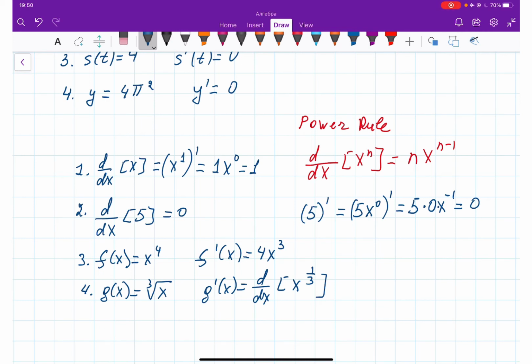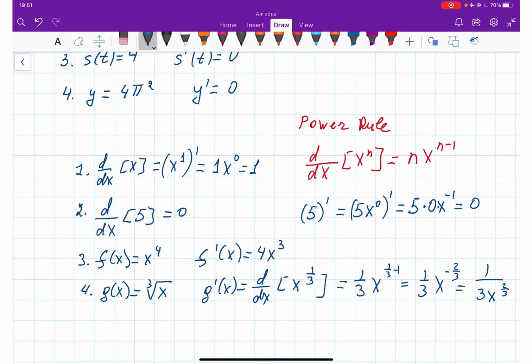Okay, x to power 1/3. That means 1/3 will come in front, right? And we will have x to power 1/3 minus 1, right? That is going to be 1/3 x to power negative 2/3. Yes? Which means 1/3 x to power 2/3 in the denominator.